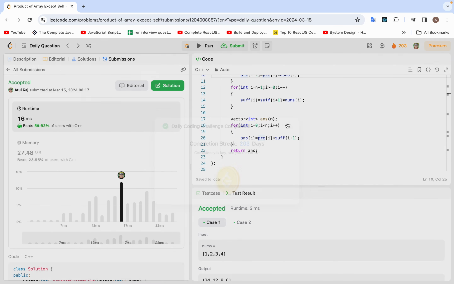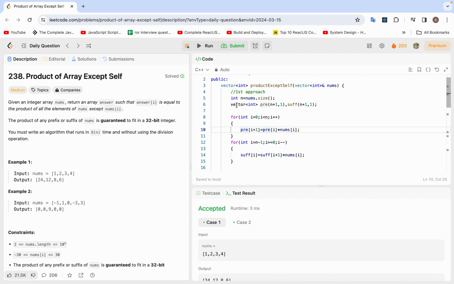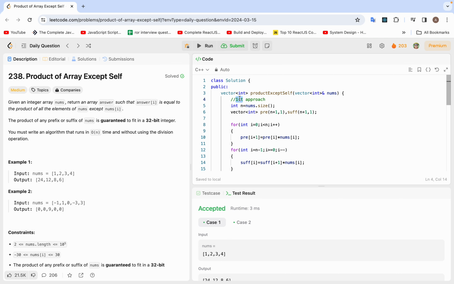Yeah. But this is not an optimal solution, so we will see the next approach. For the second approach, what I can change is I will not take this suffix array.